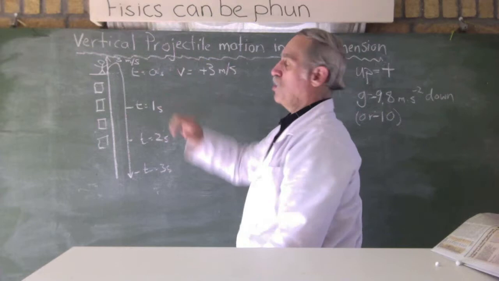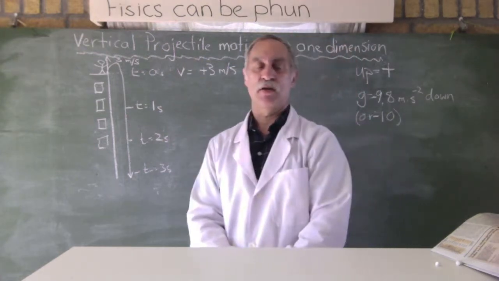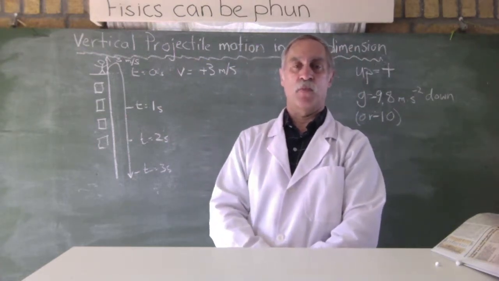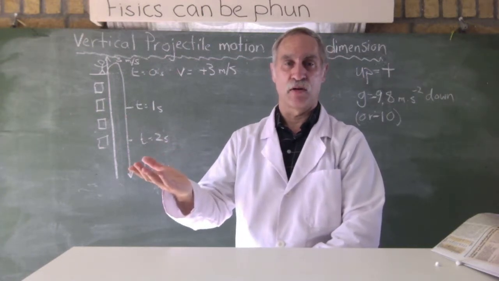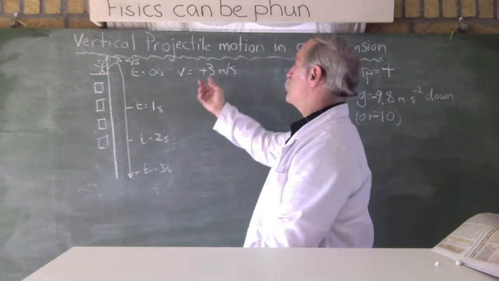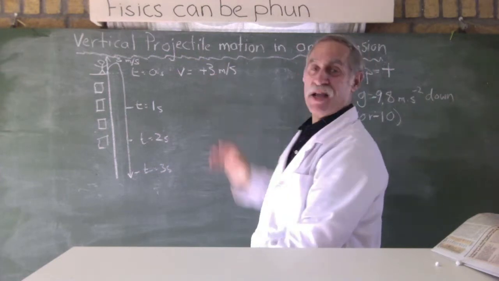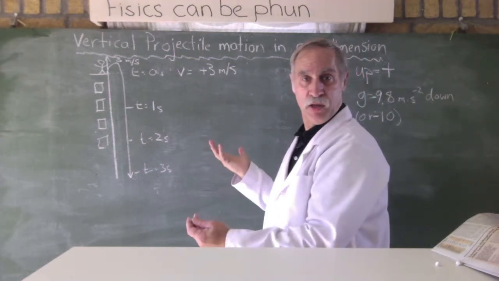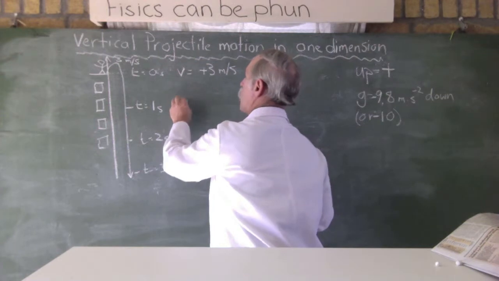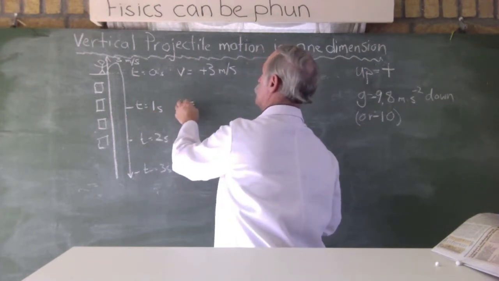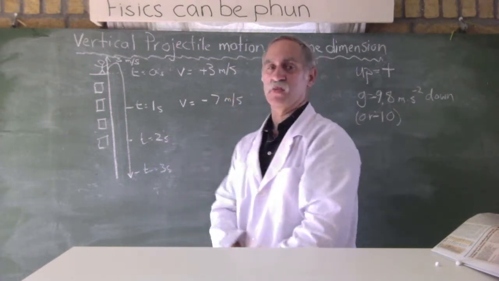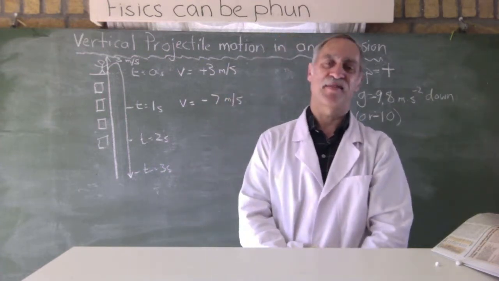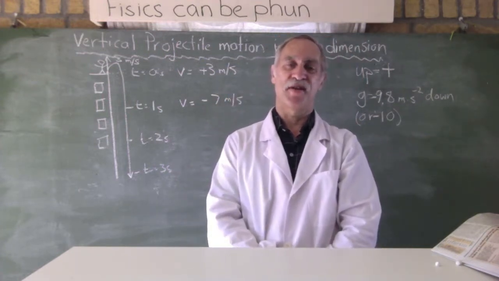What do you think after time 1 second the velocity will be? Well, it loses 10 from each second, from its starting velocity. So what is plus 3 minus 10? It's going to be minus 7. So after 1 second, the velocity is going to be minus 7 meters per second, or 7 meters per second down. Do you see how easy that was?